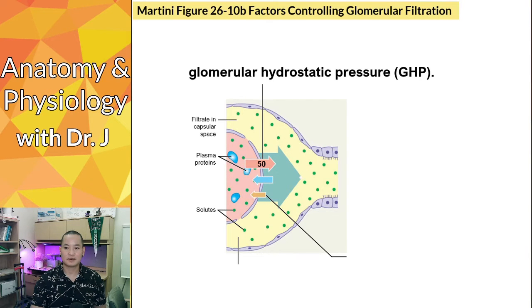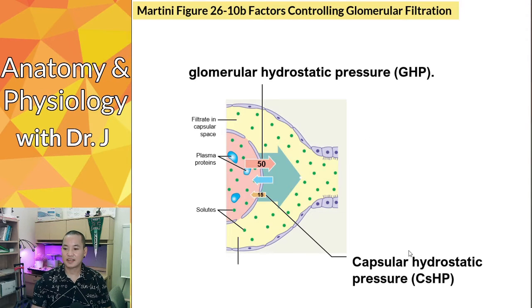This is why it's called GHP. It's very similar to CHP, capillary hydrostatic pressure, but now it's that special capillary we call a glomerulus. Then we have capsular hydrostatic pressure, abbreviated not plain CHP but C small s HP.